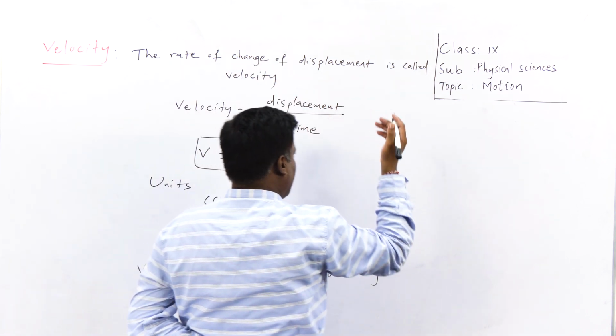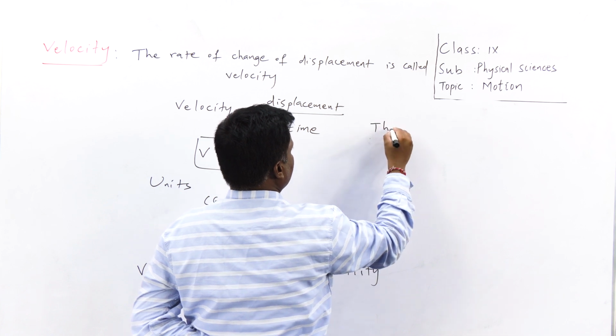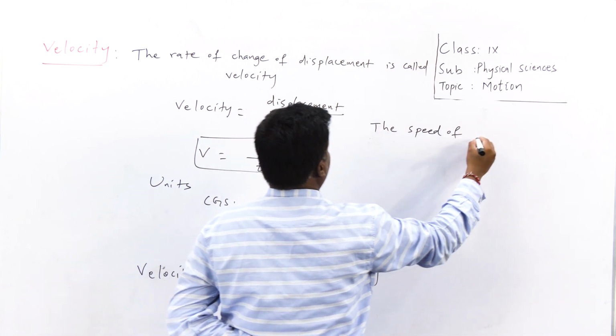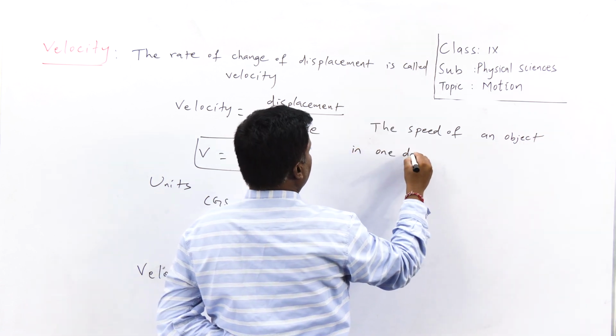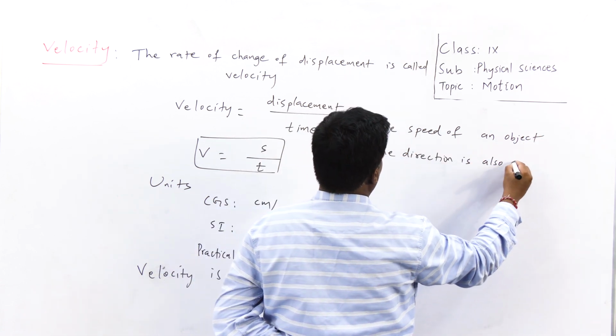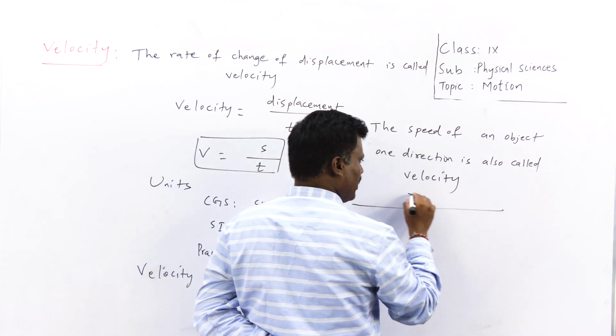This velocity can also be defined this way: the speed of an object in one direction is also called velocity. See, the object travels only in one direction.